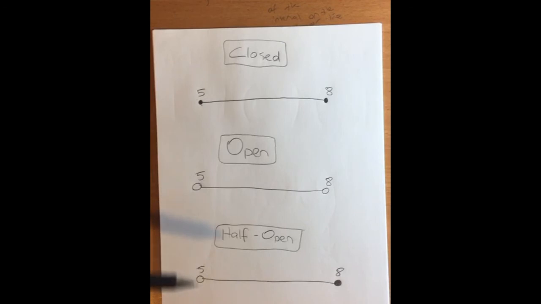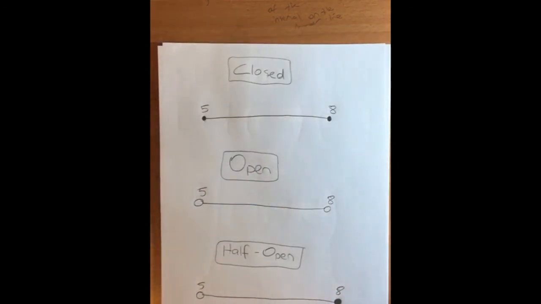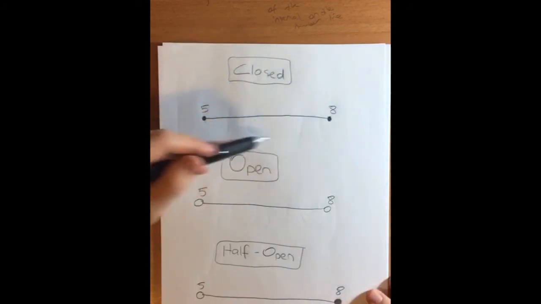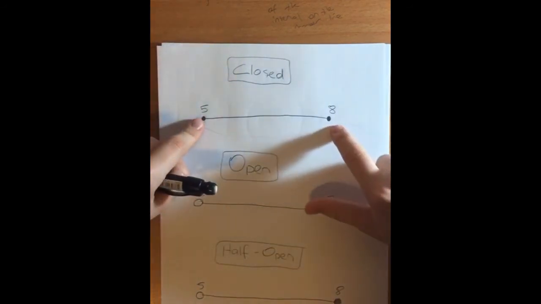These are all called the representation of the intervals on the number line. So this is an example for the closed interval. You can see both of the dots are filled.